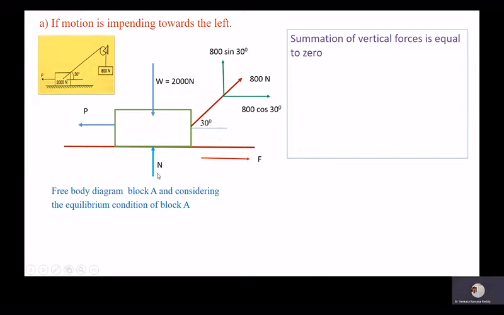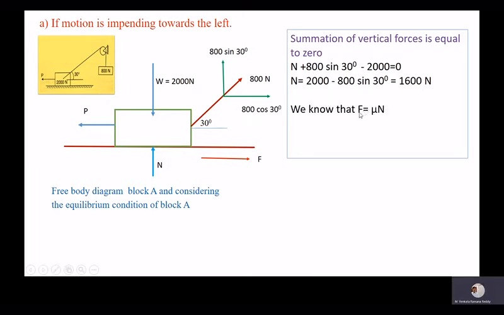Upward forces are positive, downward forces are negative. N and 800 sin 30 are upward, W is downward. W is 2000 newtons. Then N equals 2000 minus 800 sin 30 degrees, which is 1600 newtons.